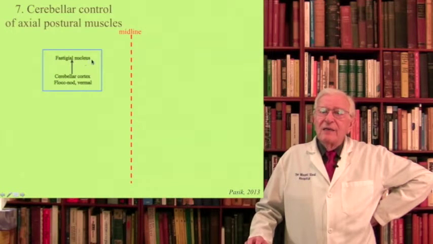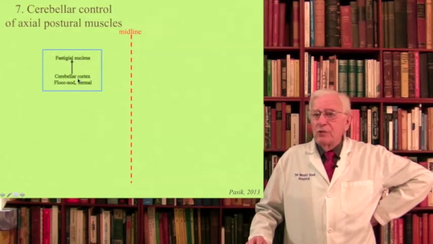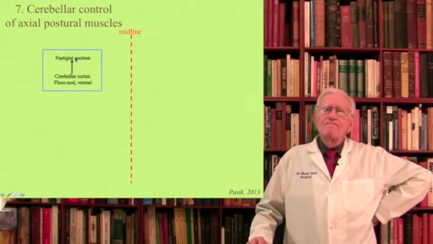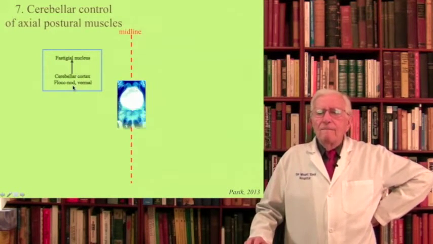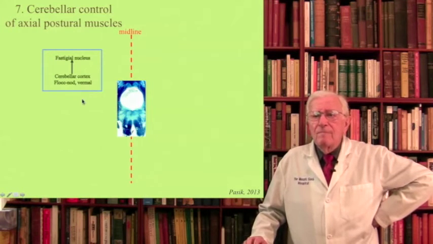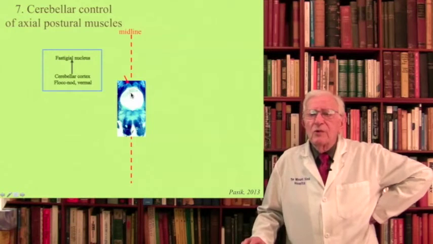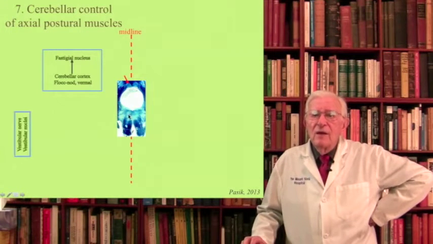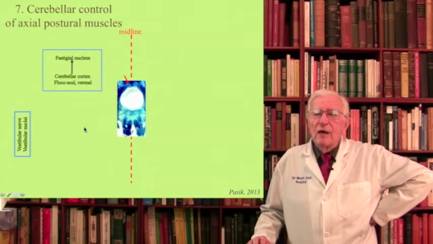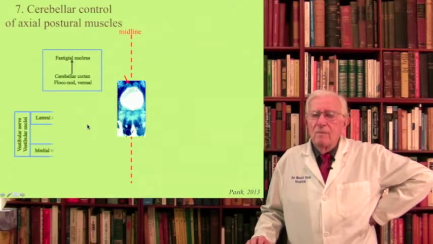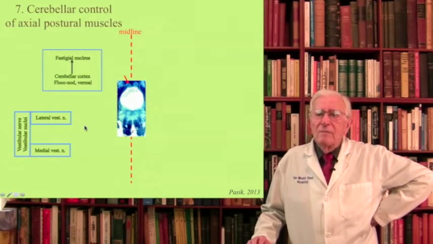The underlying intrinsic nucleus is the fastigial nucleus, to which this cerebellar cortex projects. Right? Now, you have it here. You have here the fastigial nucleus, right? And here you have now the vestibular nuclear complex with the lateral vestibular and the medial vestibular.